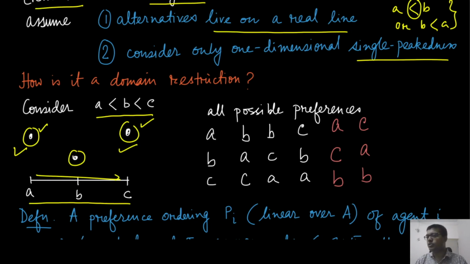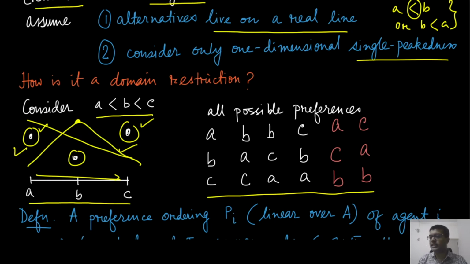Here we have enumerated all possible m factorial preference orders over these three alternatives, but here we can see that you can have A over B over C, that means this, B over A over C, so B is the peak and A the next and C is the last, or B is the peak and C is the second highest and A is the least preferred alternative, or it can have C, B, A. So that is also feasible, but you cannot have alternatives like A, C, B. So A is on the top, C is the second top and B is the last one, or CAB.